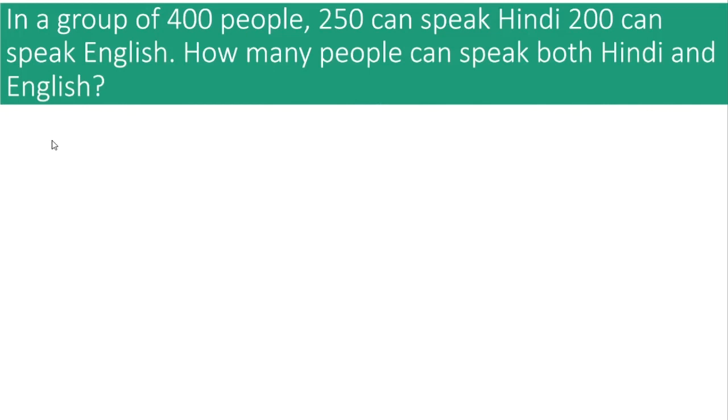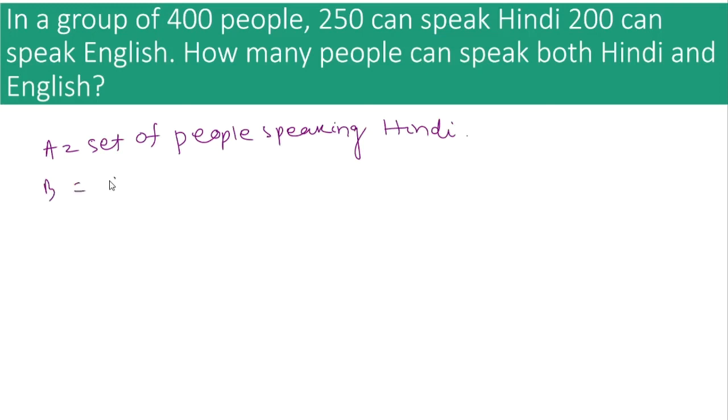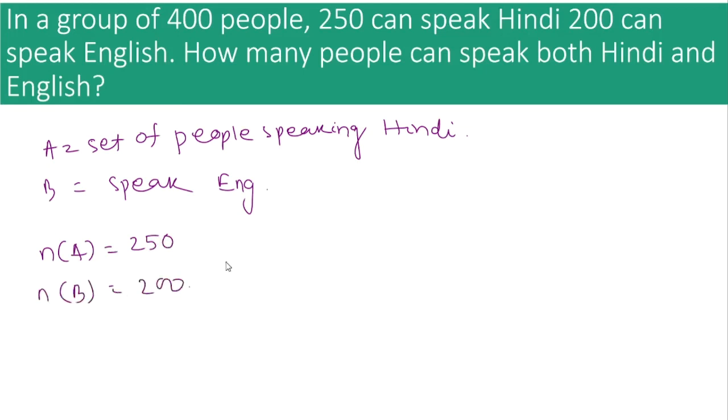Let set A be the set of people speaking Hindi, B be the set of people who speak English. Then number of elements in A is given as 250, number of elements in B is given as 200, and as you can see here the group is having 400 people. That means number of elements in A union B is 400. Now we need to find out number of elements in A intersection B.